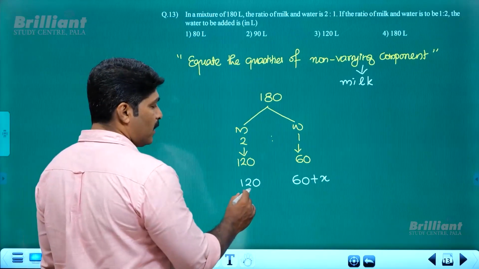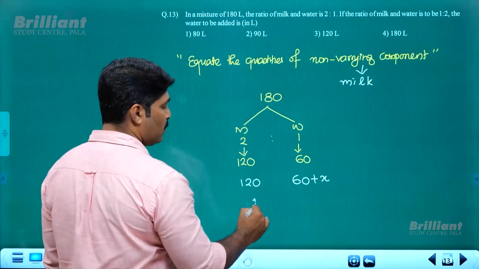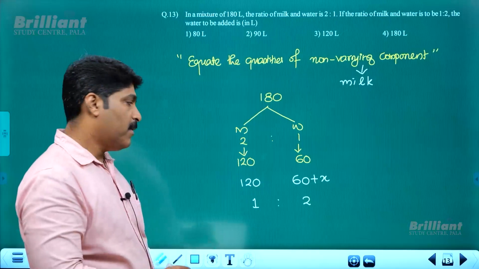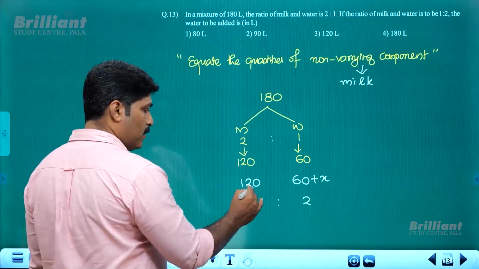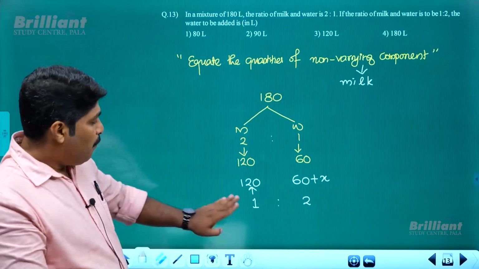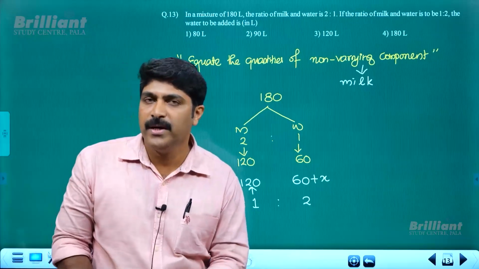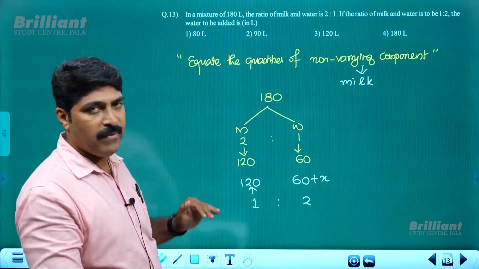So you have to consider this in the new ratio, which is 1:2. Think about the relationship here. As per this new ratio, this 1 is representing 120, the same quantity of milk. That was the initial quantity of milk. That's why I mentioned the point to equate the quantity of the non-varying component.